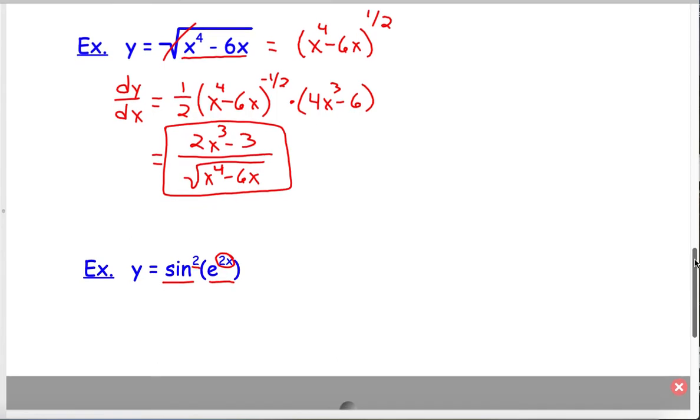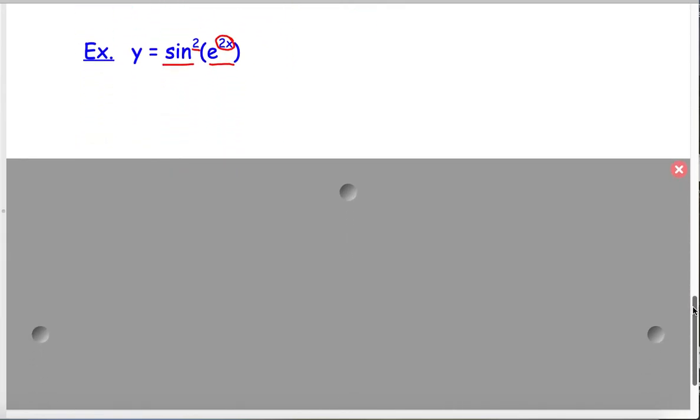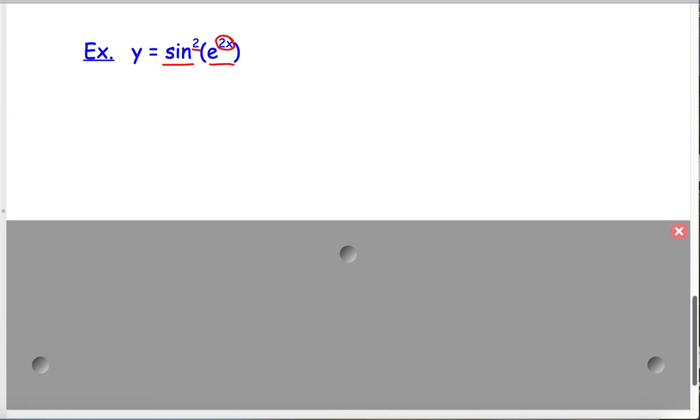So we're just going to break them down one piece at a time and use an extension of this chain rule. So dy dx. Let's start off with, what's the derivative of something squared? Well, that would be 2 times something to the 1st power. All right, I've gotten rid of the squared part.